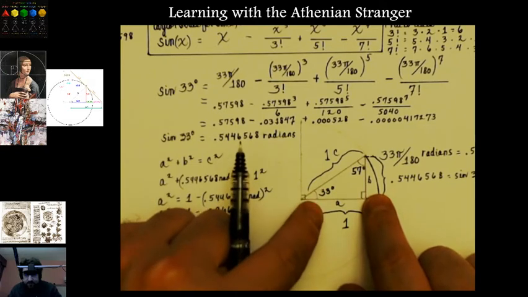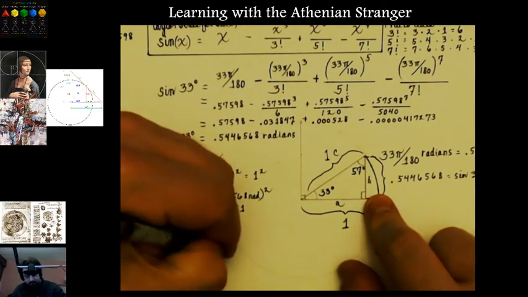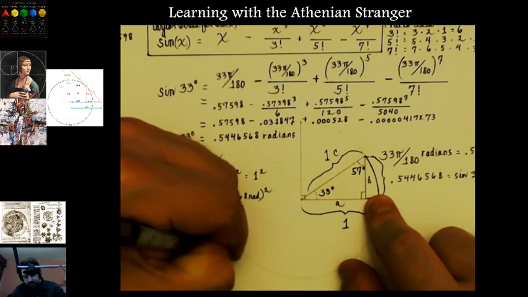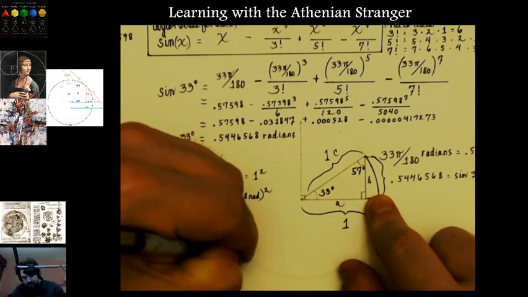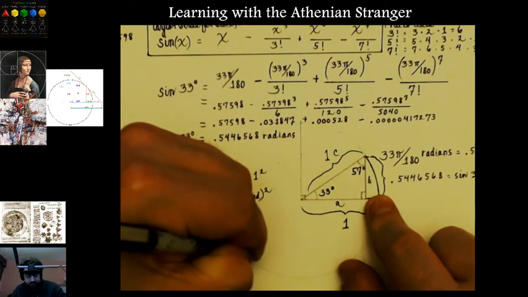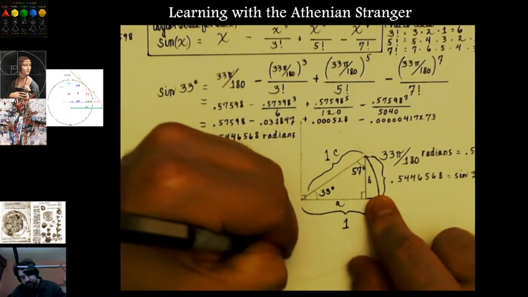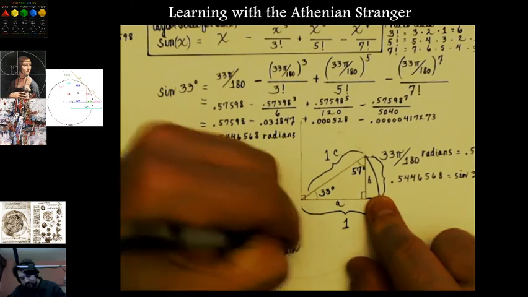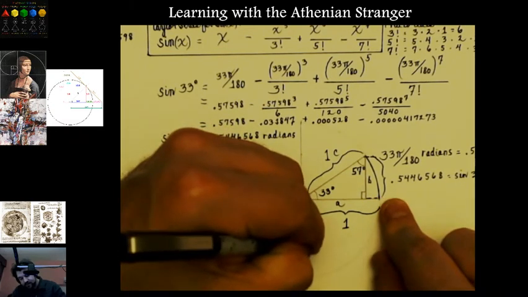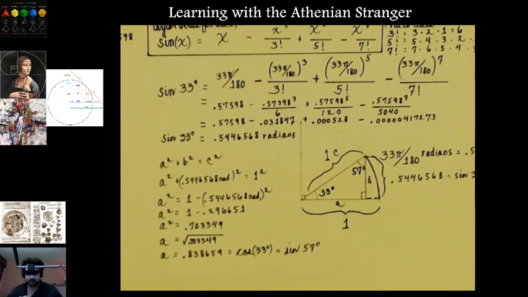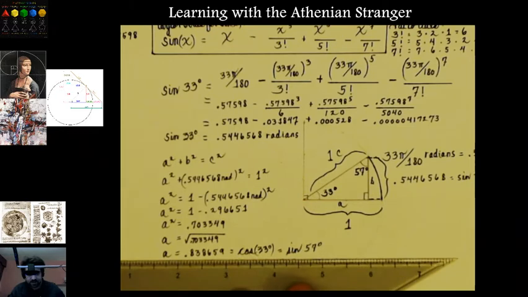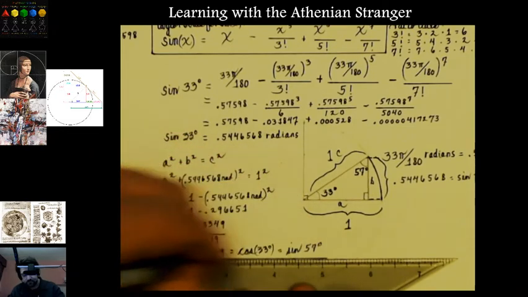The cosine of 33, okay, let me just write this out, equals the cosine of 33 degrees, which equals the sine of 57 degrees. So this is in fact what we were looking for the whole time.